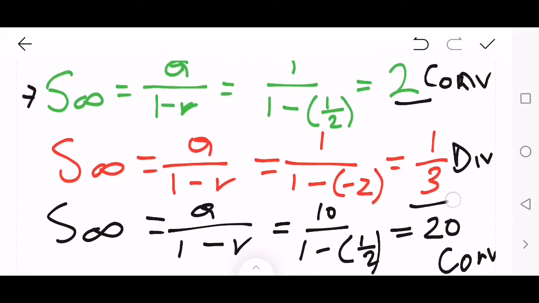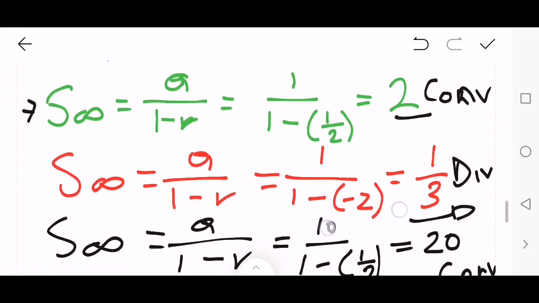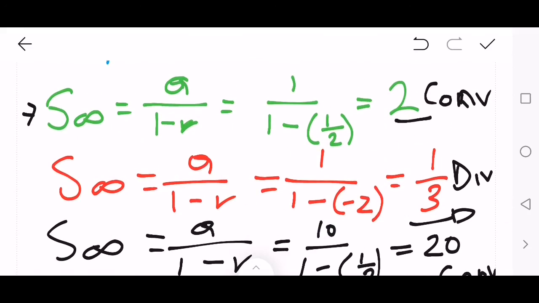So this does not make sense. This is the second way of explaining convergence. The sum to infinity of a converging sequence will converge to a certain number, but the sum to infinity of a diverging sequence does not make sense.